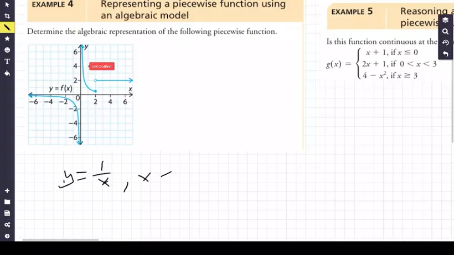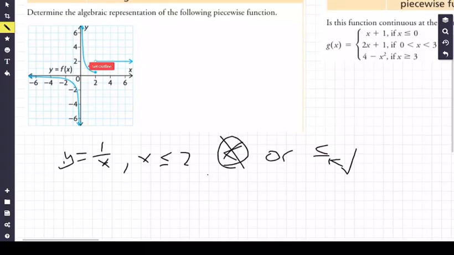Now, you want to ask a question: is this less than, or is this less than or equal to? Because we have this solid dot at 2 for 1 over x, it's included. So no, and this is correct.